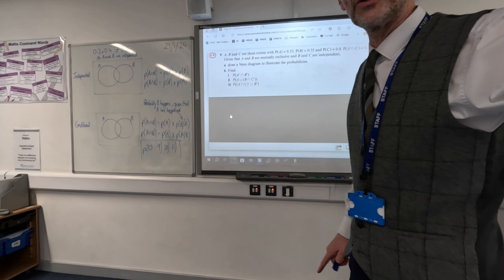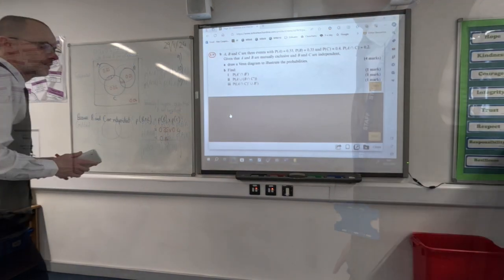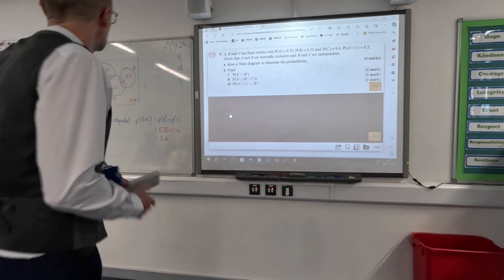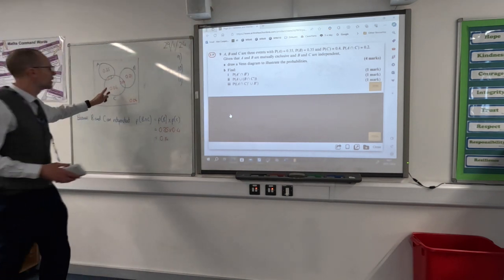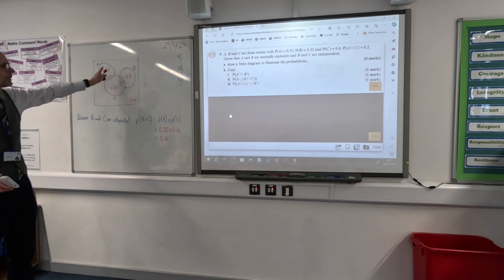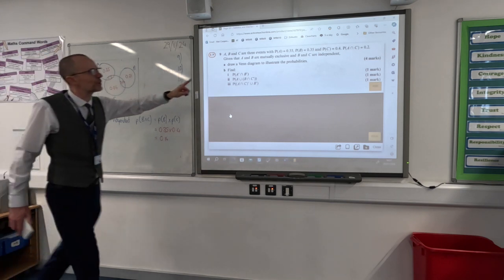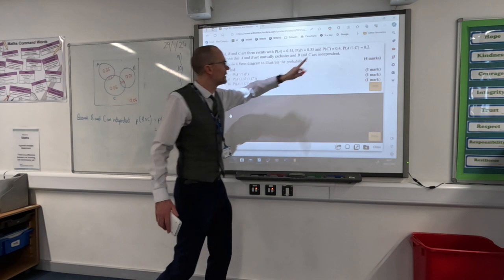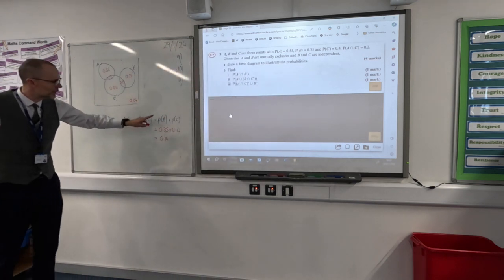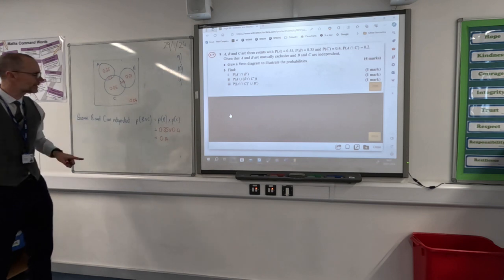The difference here is you've got 3 circles, but I'm sure you're up to it. Just for those at home, the reason we've done our diagram like this is that A and B are mutually exclusive, so they can't both happen. But we're told in this question that B and C are independent, so we know that the overlap between B and C is equal to those two probabilities multiplied together.